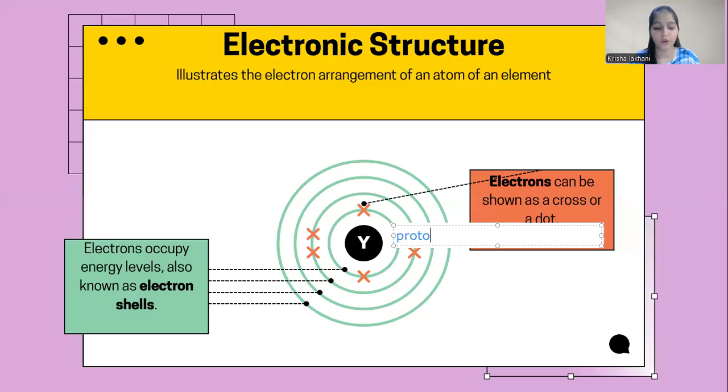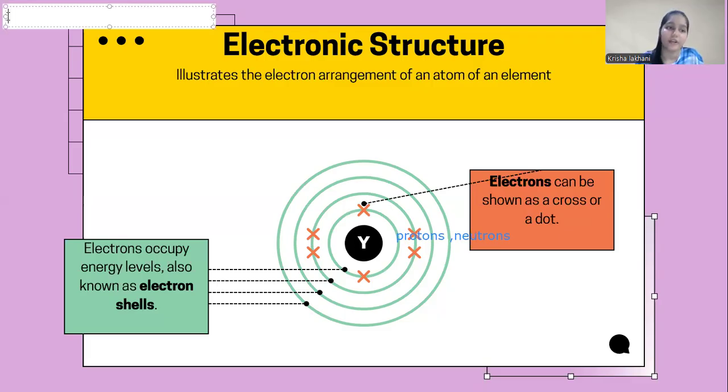Okay, so protons and neutrons are there in this dense nucleus. But the outer shells, the orbits revolving around the nucleus, have electrons. Can you see this X structure? Those are the electrons of the atom.